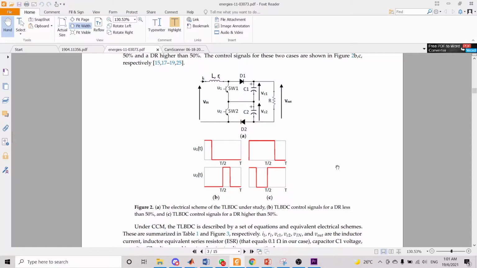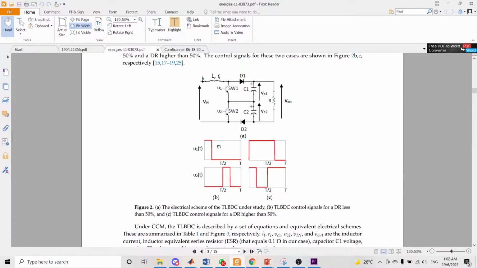So now I'm using an input voltage higher than half of the output voltage. My input voltage is 7.4 volts, and half of the output voltage is 6 volts. Because I'm using the second regime of operation, the duty cycle is less than 50%.